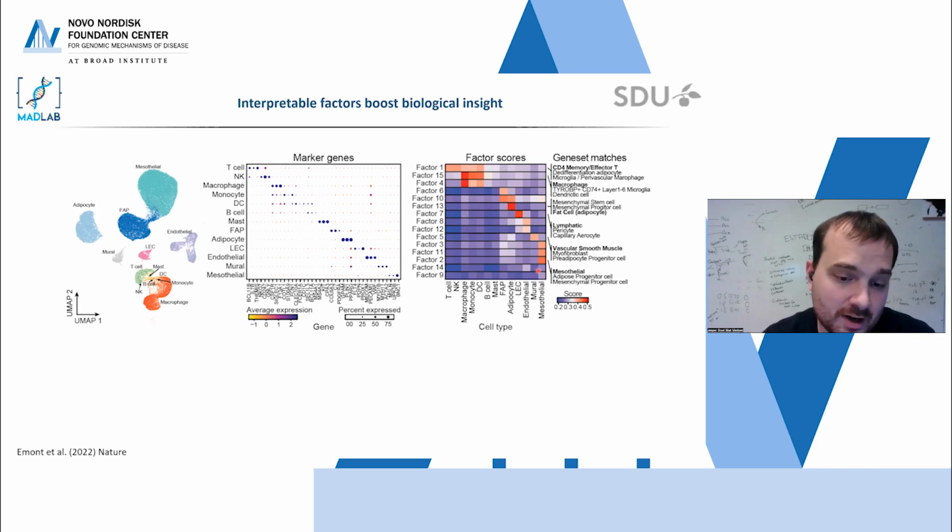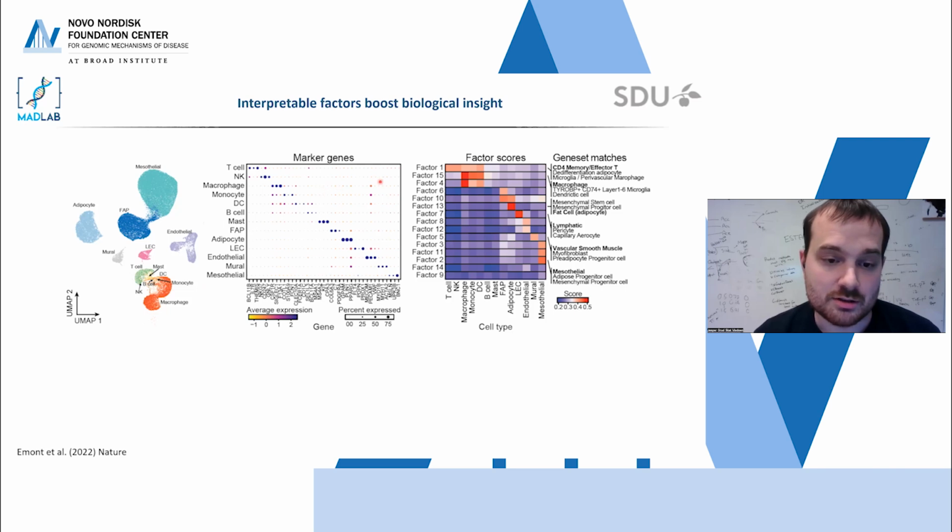And if we remove factor 14 before running the embedding and clustering, we actually see an improvement in the RRI of the analysis. So maybe we can also use the interpretability here to actually find relevant factors to use for clustering and embedding.